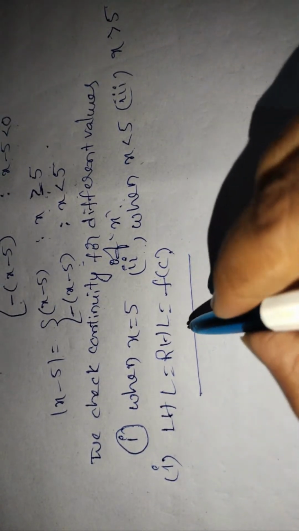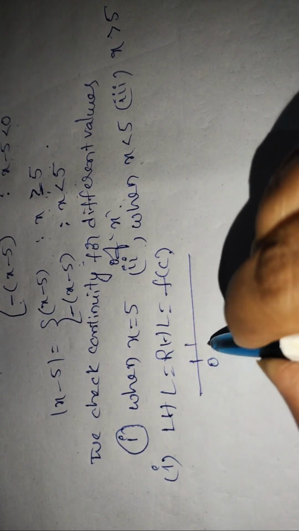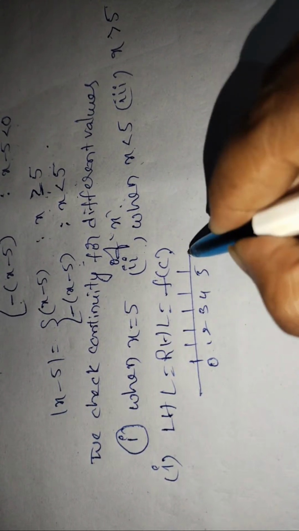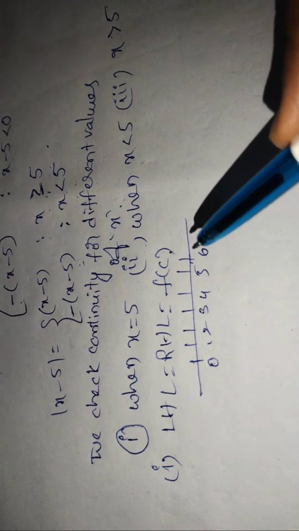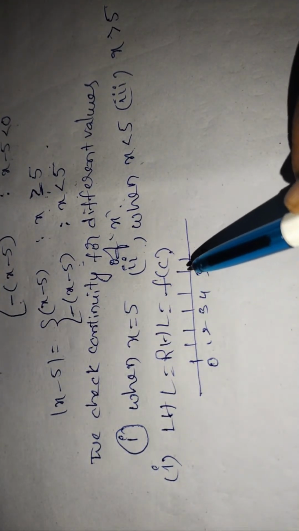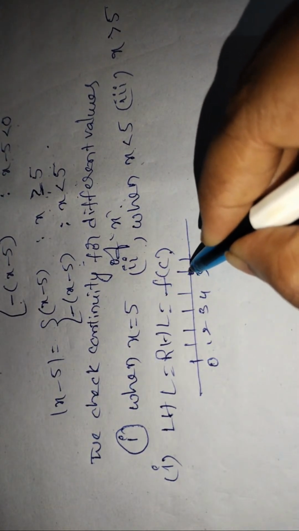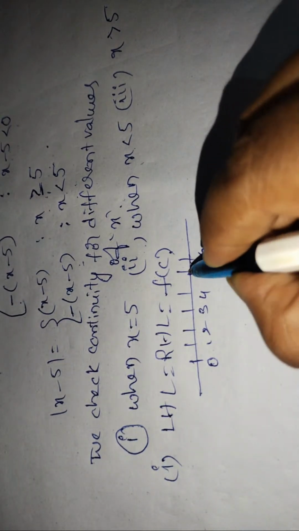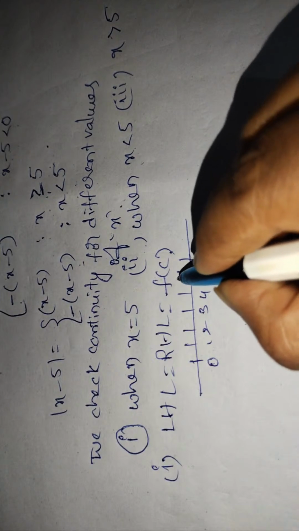Suppose a number line having 0, 1, 2, 3, 4, 5, 6. Our intention is to find whether the function is continuous or not at this 5. How do we say it? Before 5 there are points.